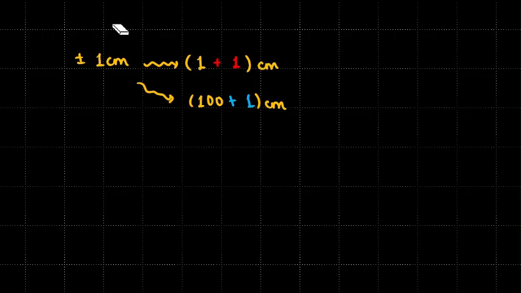Okay. So now, let's talk about errors in power. We talked about errors in multiplication, addition, subtraction, division. Now let's talk about errors in power. So the fourth one is errors in power.